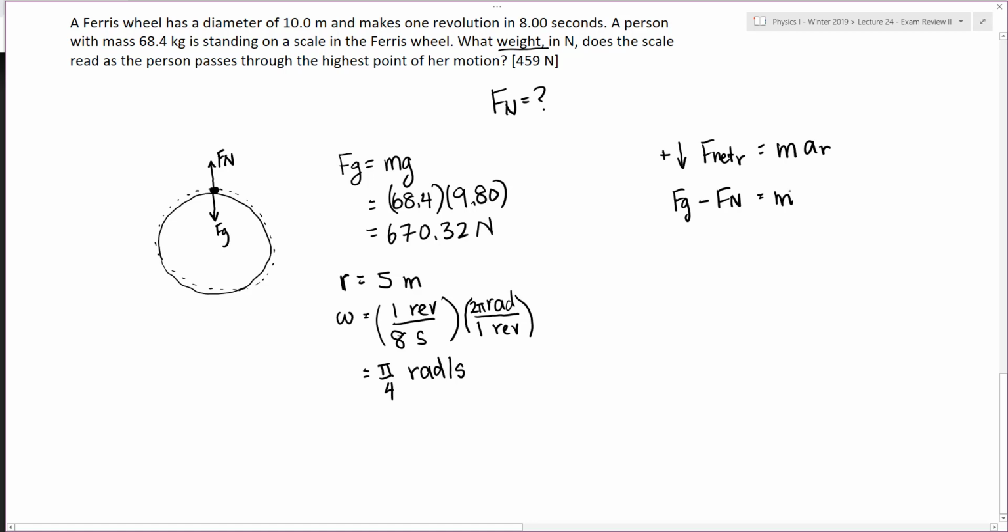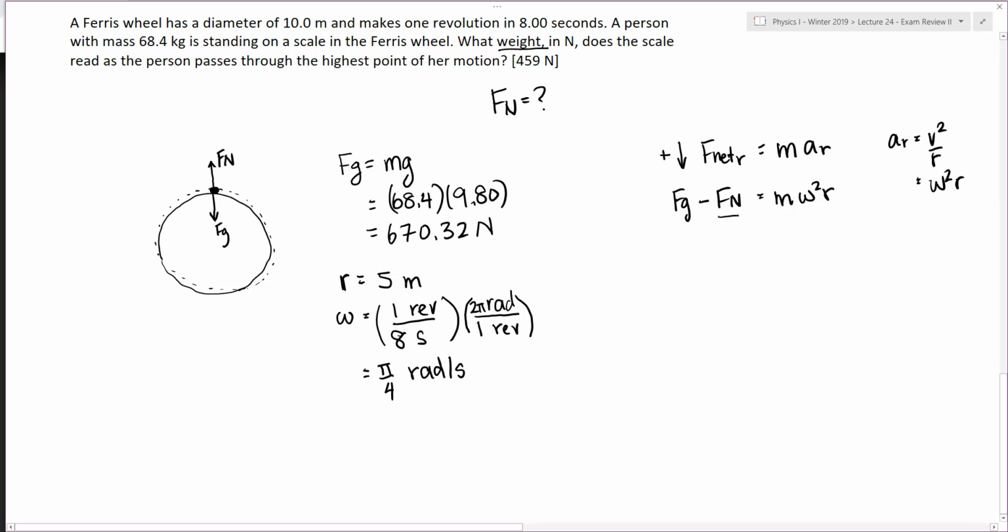Well, the radial acceleration, if you remember, there were two formulas that we could use to get it, v squared over r, or omega squared r. Those are two formulas that we could use to find radial acceleration. So since we know our omega, we're going to use the omega squared r formula. Okay, so remember, we're looking for the weight that the scale reads, which is the normal force.